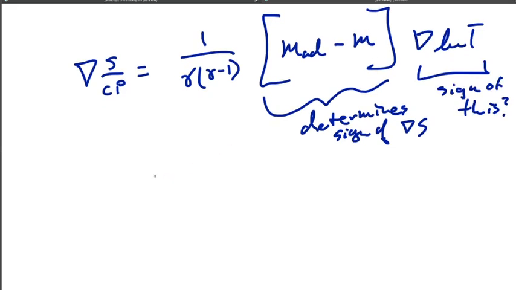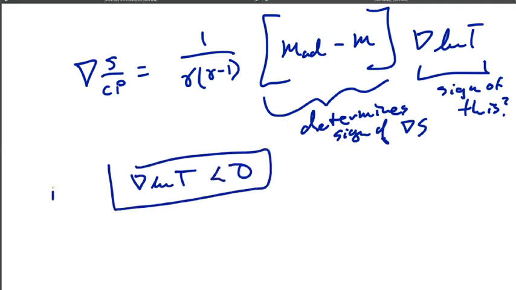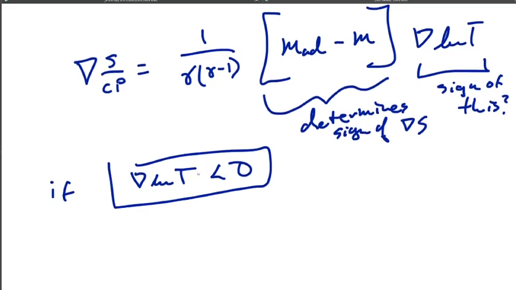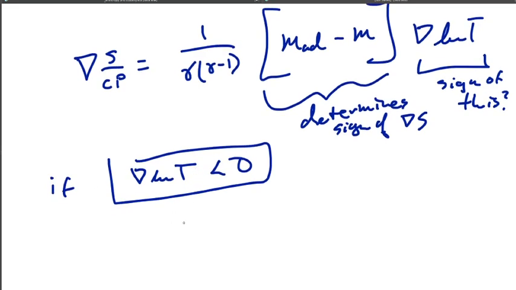So let's take the common condition of grad log T less than 0. This is like the troposphere of the Earth and the solar convection zone. So if grad log T is less than 0, then we can just look at the term m adiabatic minus m and ask what its sign is to determine the sign of grad s.